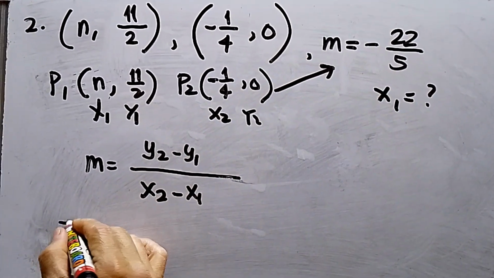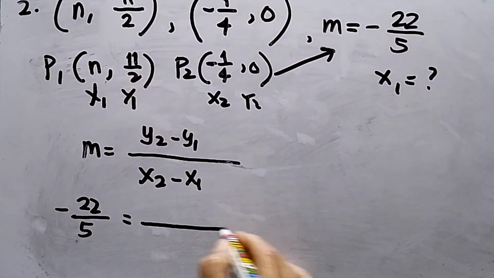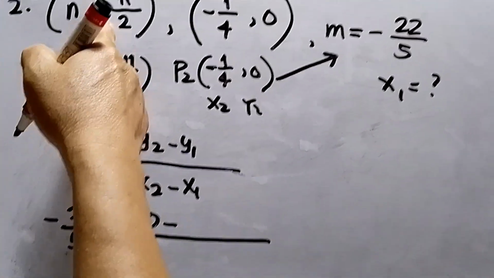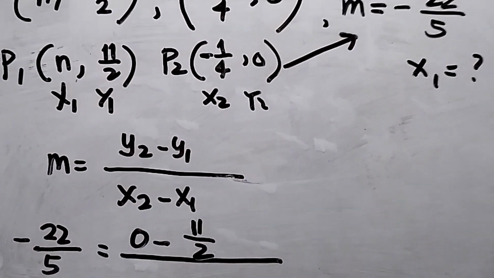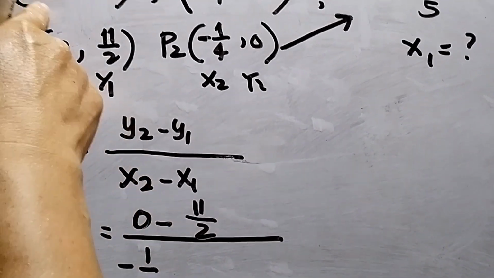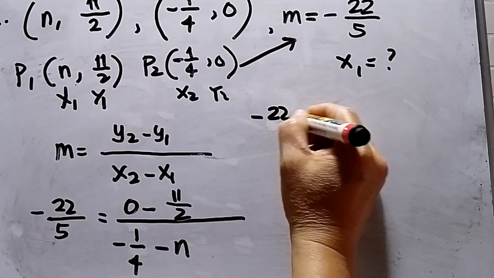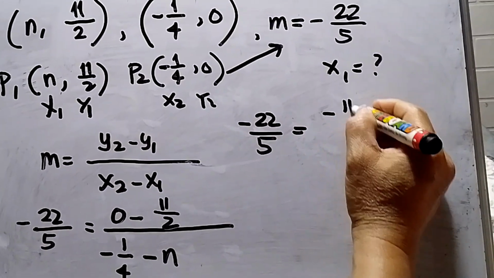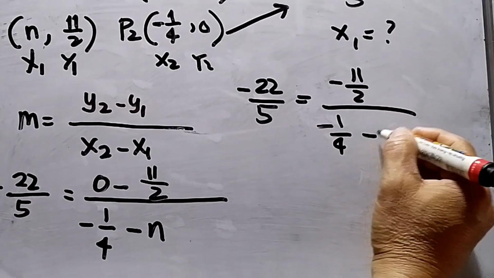My slope is in terms of a fraction, negative 22 over 5, and then my y2 is 0 minus y1, 11 over 2, then x2, negative 1 over 4, and x1 is n. So this will be negative 22 over 5 is equal to 0 minus 11 over 2, that will be 11 over 2, over negative 1 over 4 minus n.